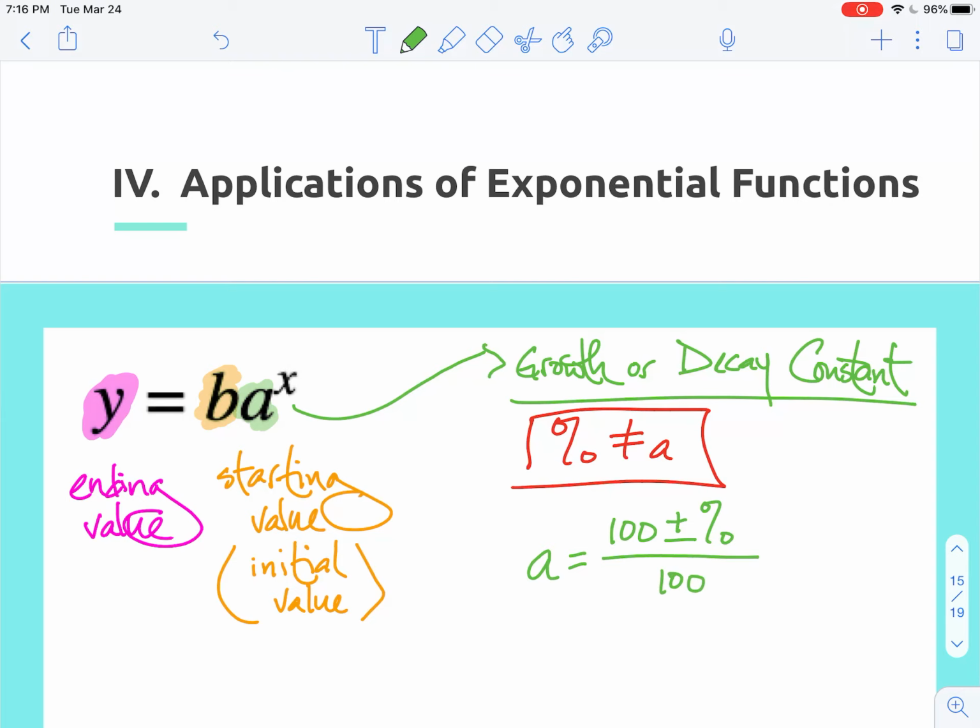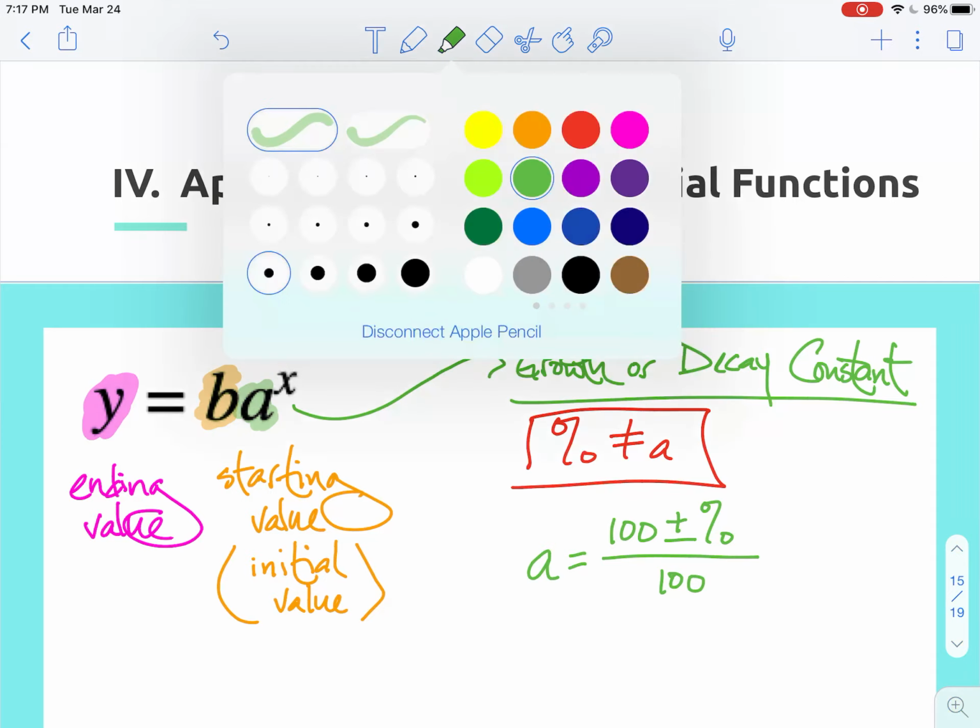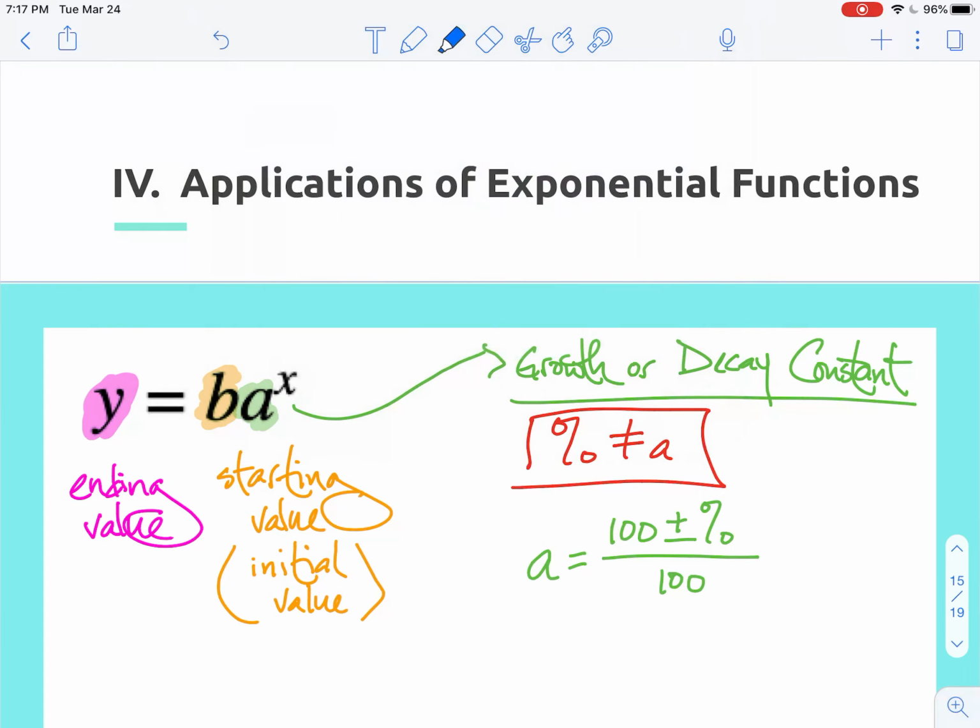Now, the way this works is the 100 stands for the amount that you started with. You started off with 100% of things. The plus sign is for the case where you have growth.